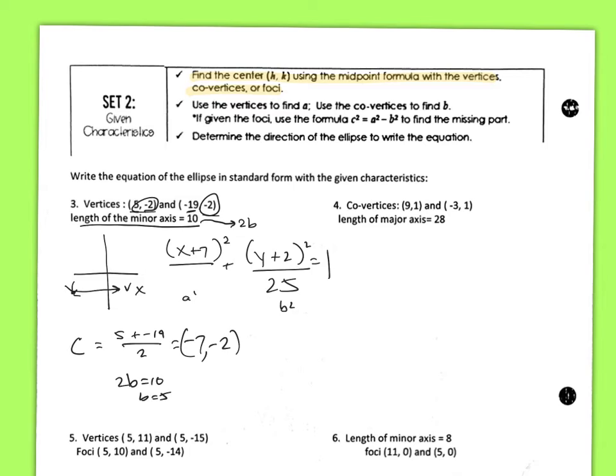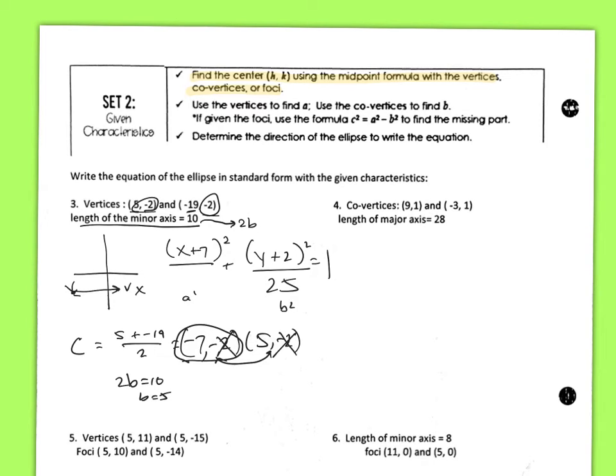Now, we don't have information to figure out a squared, but we do have information about c. So the distance from the center, which I have right here, to one of these vertices. I'm just going to write this down because I've written all over it. What is the distance between these 2 points? Well, the -2's match, so we don't have to look at that. If you think about a number line, this is a little bit faster than using the distance formula.